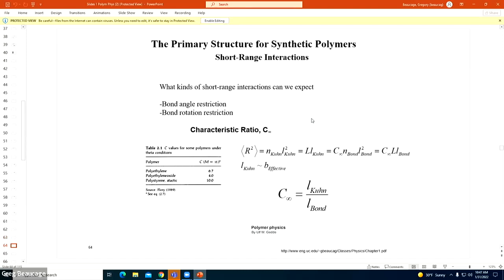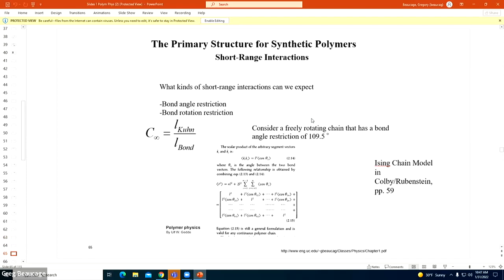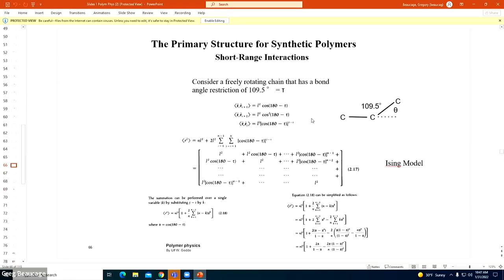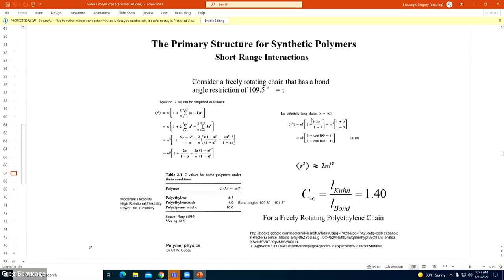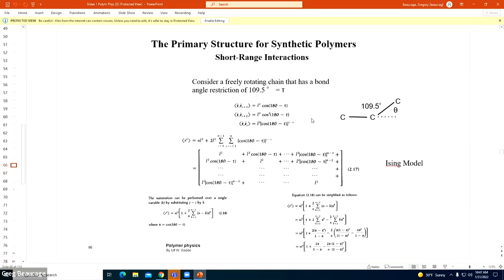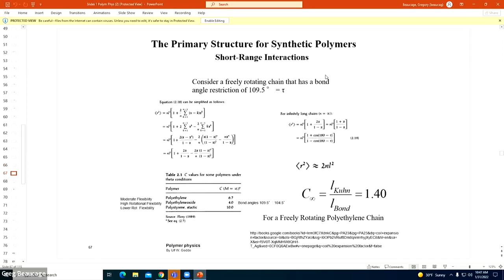The bottom line of this stuff is that if you just consider the 109 degree angle and don't consider this gauche plus, gauche minus, trans business, you can get this C infinity to go from 1 to 1.4.